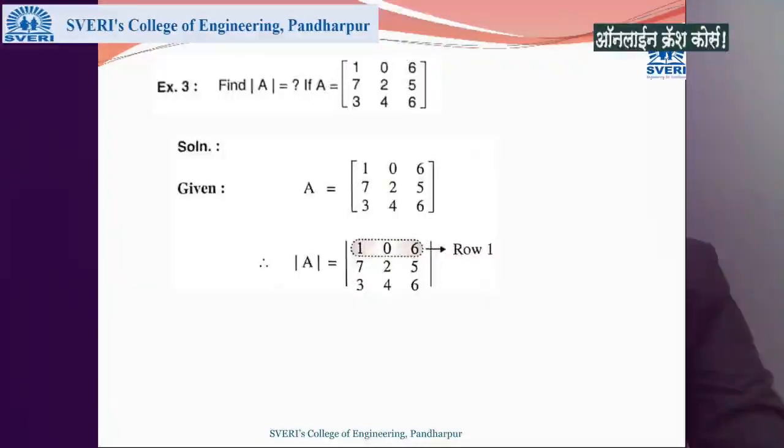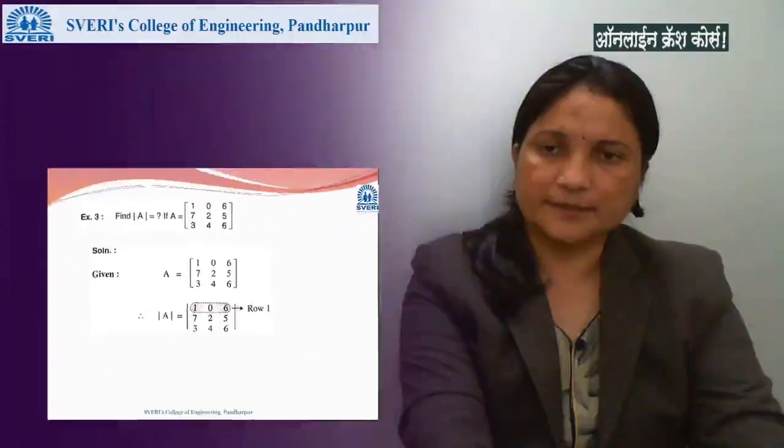Here 1, 2, 6 are the principal diagonal elements. We calculate the determinant of A using only the first row.